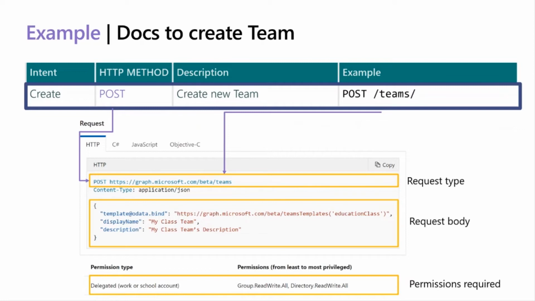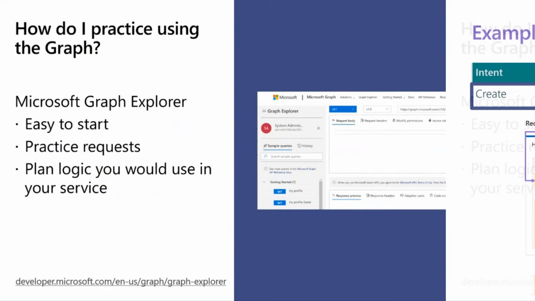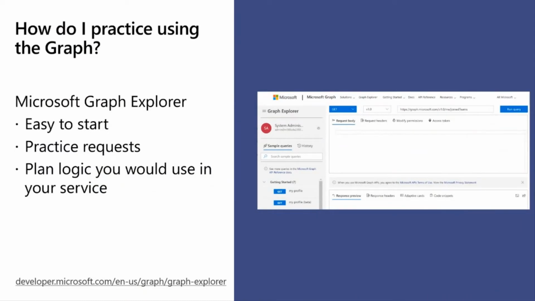So this is where you might be saying, all right, Dominic, this is looking pretty good. I really want to get started with it. How do I begin? This is where we have a great way for you to start practicing, whether you're a first-time person using the Graph, or you're someone who has had extensive experience. The way that we really learn all of the capabilities of the Microsoft Graph is using the Graph Explorer.